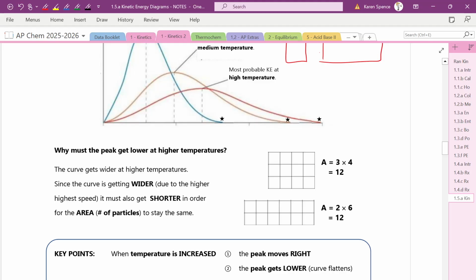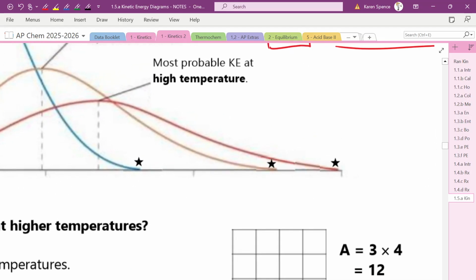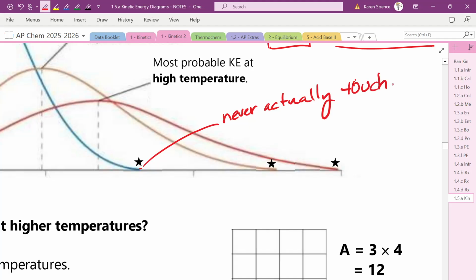We're good? Okay. The other thing to notice is that these never actually touch 0. So you can kind of be like, okay, it's getting close to 0, and then not quite.